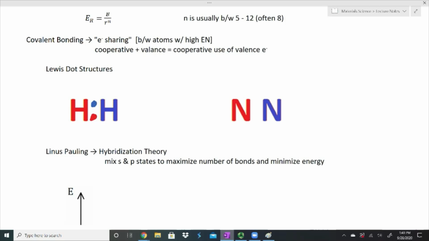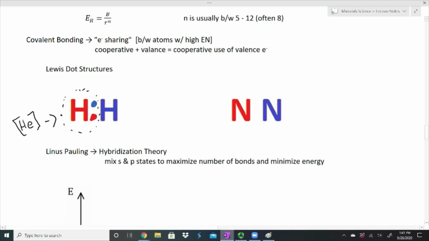When these come together, we have hydrogen now having 2 electrons. It has its own electron, plus it's sharing or borrowing the other hydrogen's electron. And so we can say that this now has the electronic structure of helium. And so everything's good. It's stable, it's happy, it has a full shell.